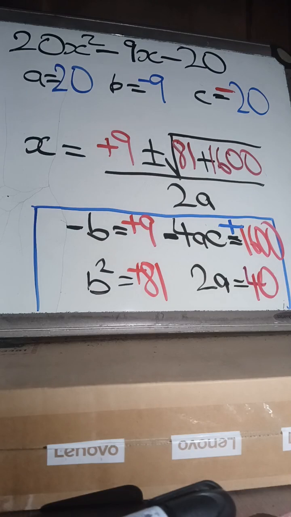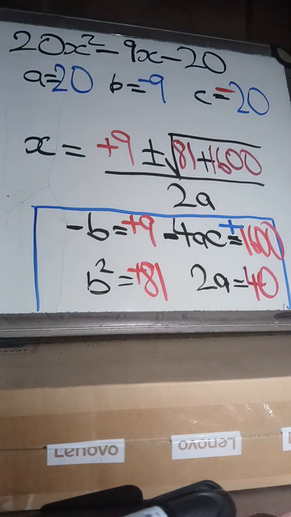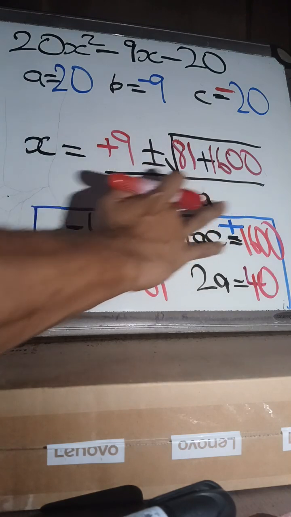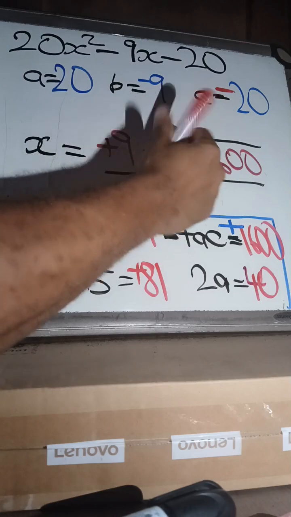I never considered that before. Imagine just instead of using 4ac, use minus 4ac, so that when you get to this part, the middle becomes positive. And then the 2a is 40, so you just rub out that and you replace it with 40.